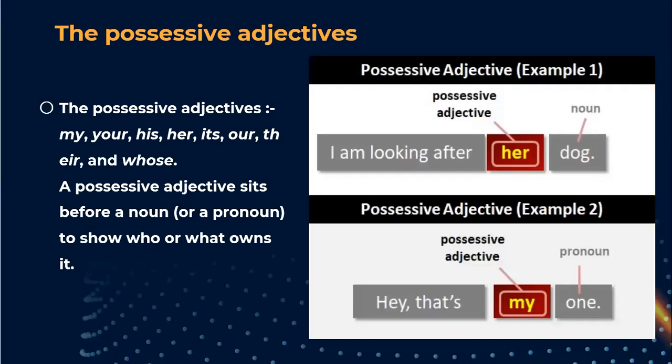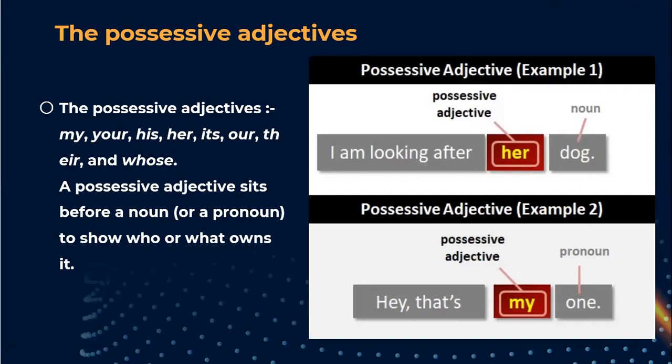The first one is possessive adjectives. The possessive adjectives are my, your, his, her, its, their, and whose. Let us see an example. If I say, I'm looking after her dog, here her is highlighted in red color, and this is an example of possessive adjectives.